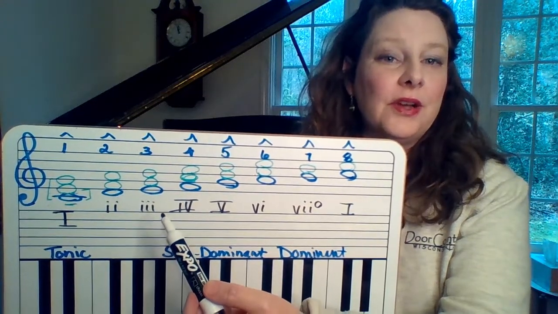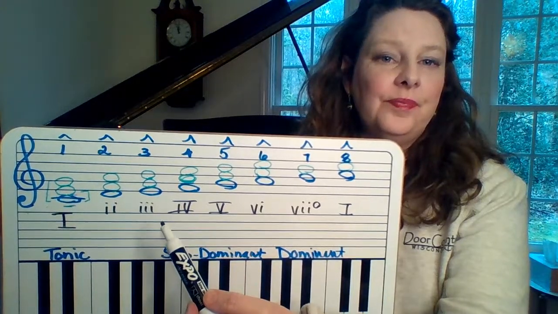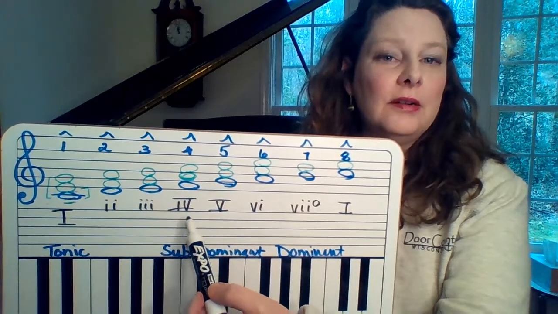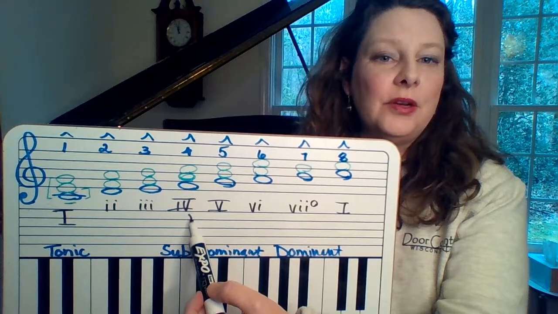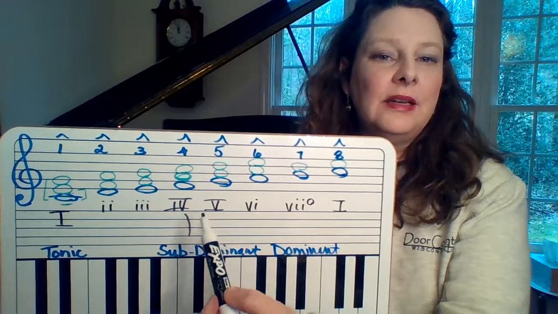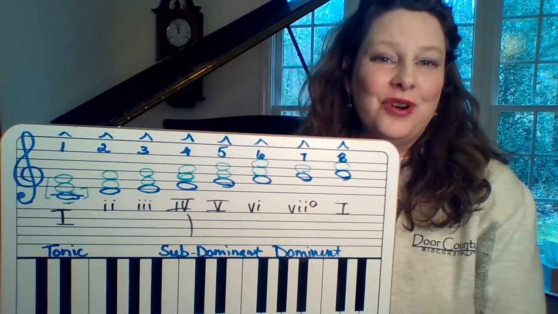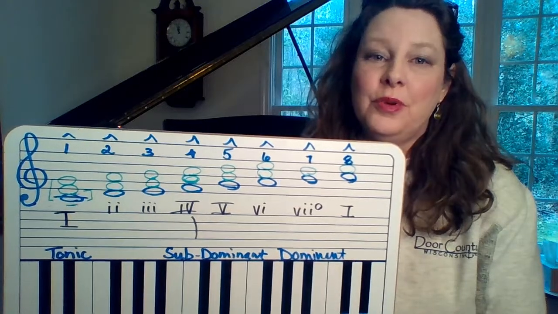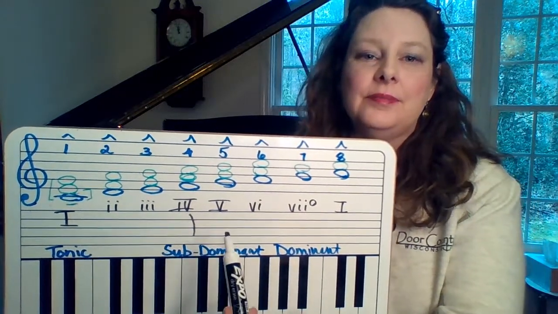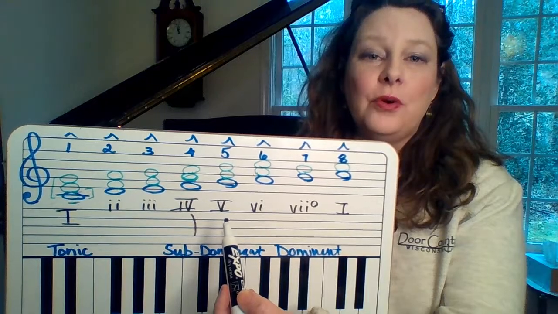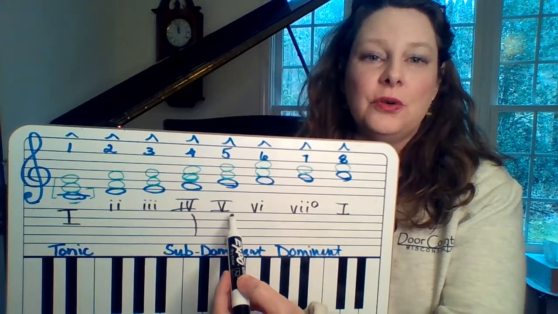My 3 chord is also a minor chord, it's E minor. My 4 chord, built on the subdominant tone, is an F major chord, so it gets a capital Roman numeral. Likewise, my 5 chord is a G major chord.